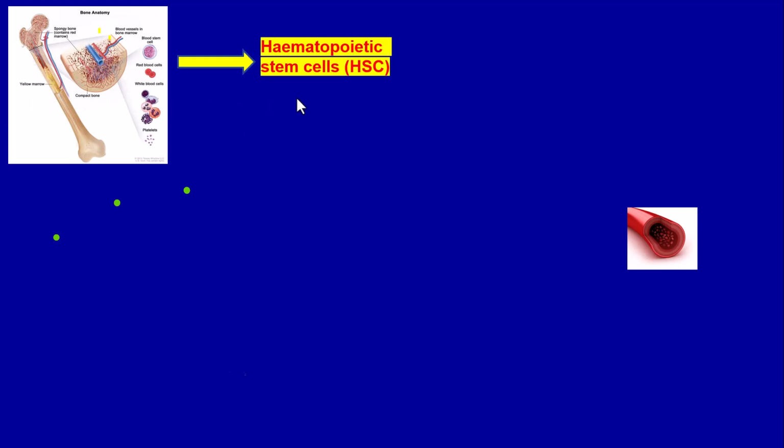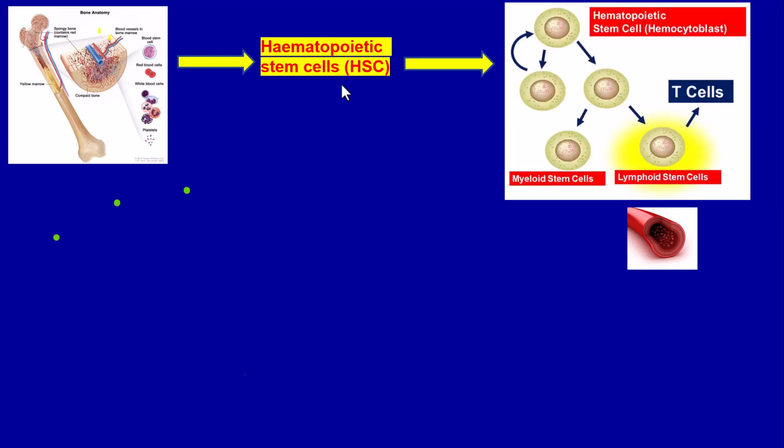This haematopoietic stem cell is capable of producing myeloid stem cells and lymphoid stem cells. The haematopoietic stem cell has the capability to produce these two types of cells, and they also make their own copies.